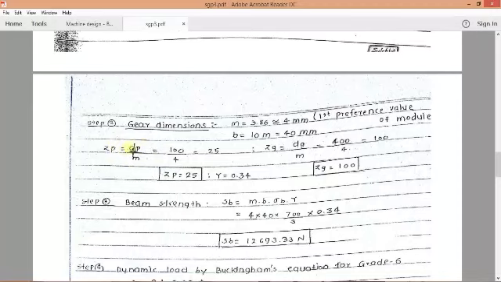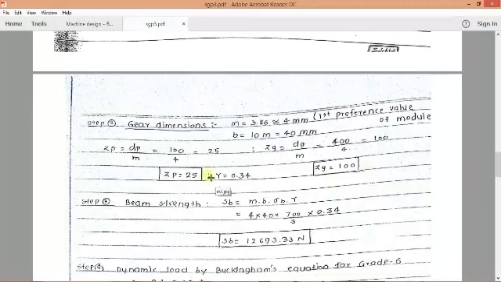So the number of teeth is equal to diameter upon module. The diameter is given to us, so 100 upon 4 is equal to 25 teeth on the pinion. Then diameter of gear, we calculated that 400 divided by the module, we get 100. So here there are 25 teeth on the pinion and 100 teeth on the gear.